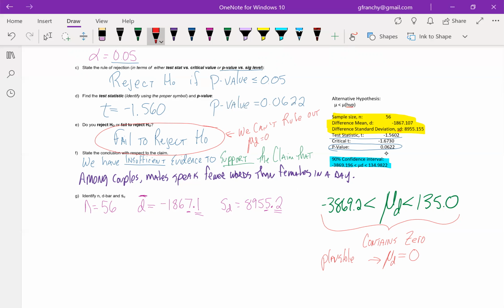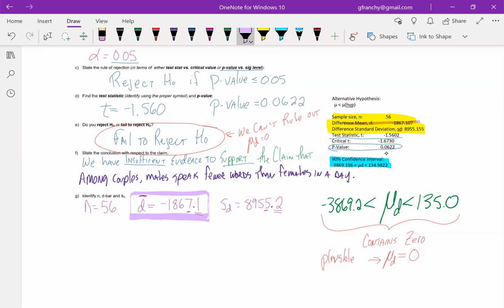And if you're looking at this and wondering, and this is a big reason of why we need to follow through this process, when you look at the sample mean difference, the mean of the differences in the sample there, they differ by just shy of 1,900 words.